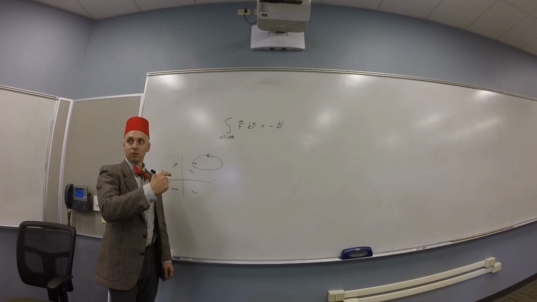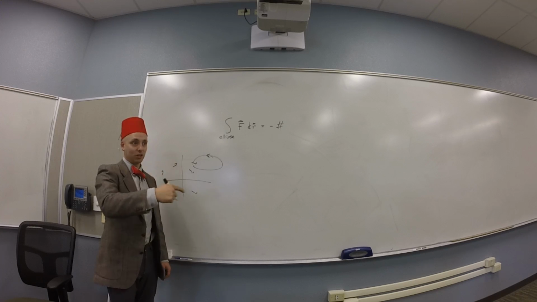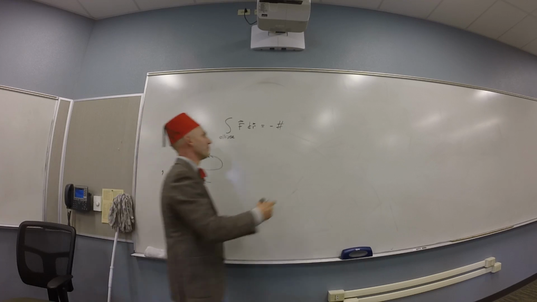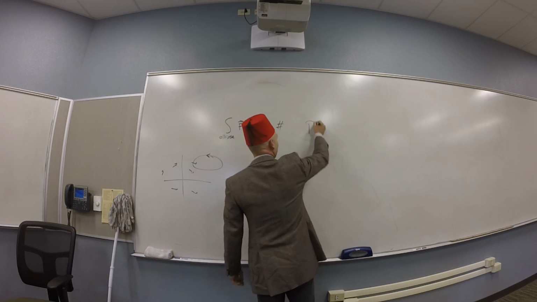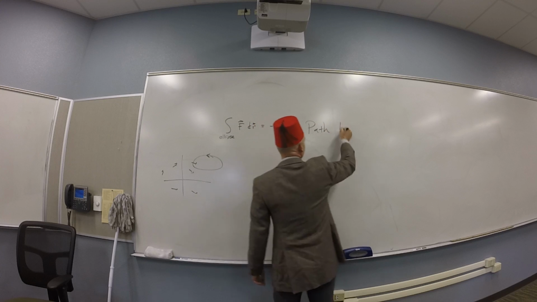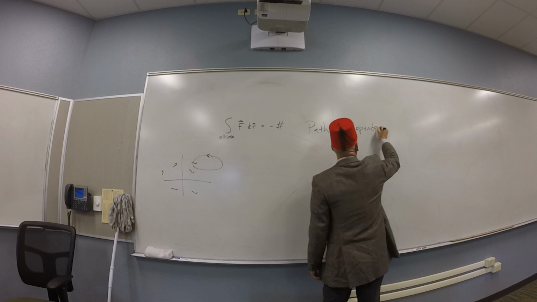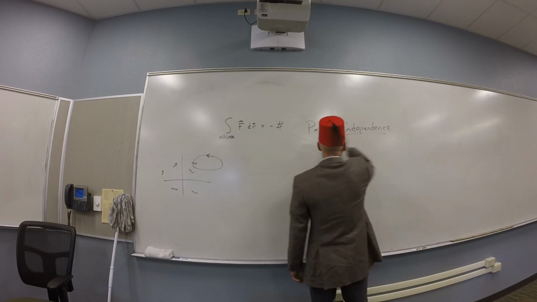Well, the flow line wasn't the same. You guys see this? It was like uphill the whole way around. That's weird. So that brings up this thing called path independence. That staircase that never stops going up or going down.